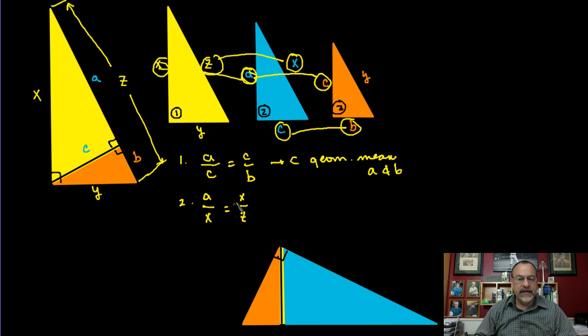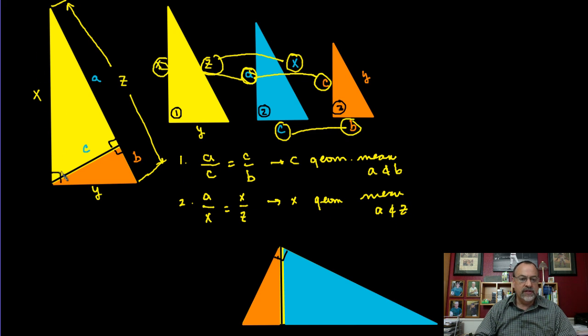So again, you'll notice that x is the geometric mean of A, which is this part of the hypotenuse, and z, which is the entire hypotenuse of the first triangle. So x then is the geometric mean of A and Z.